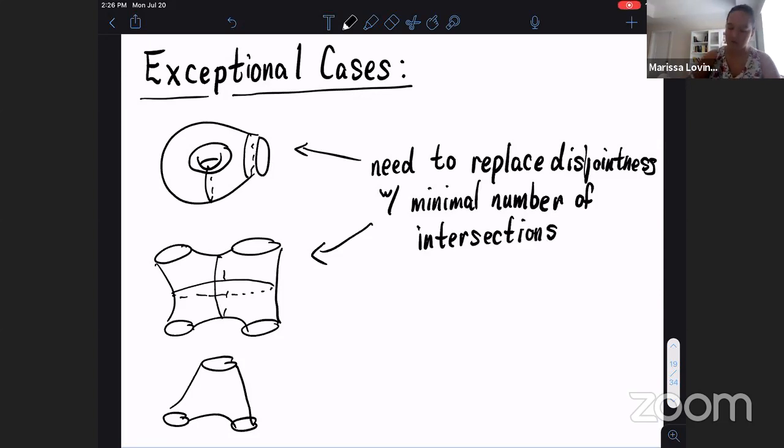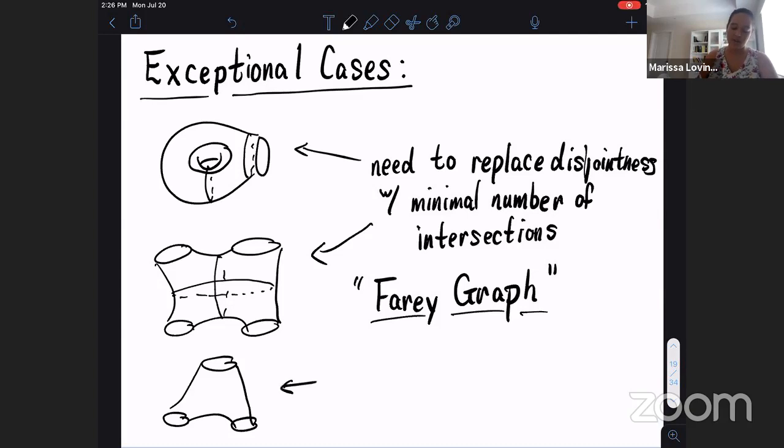And so it turns out that the curve complexes for these two, for the once-punctured torus and the four-hole sphere, is the Farey graph, or the Farey diagram, which Riley talked about. So this is kind of a cool fact. This pops up all over the place. And then here, the one thing to note is that any simple closed curve on the pair of pants is going to be homotopic into one of the boundary components.